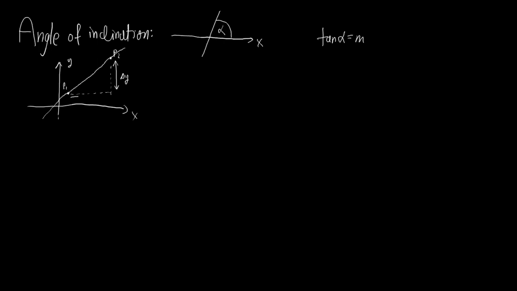The increment in y, and the increment in x, that is delta x. And here is alpha. And from the definition of the tangent trigonometric function, you can actually prove this really easily, because the tangent of alpha equals delta y over delta x, that equals to m. So that's how we prove this little equation here. It's kind of really useful.